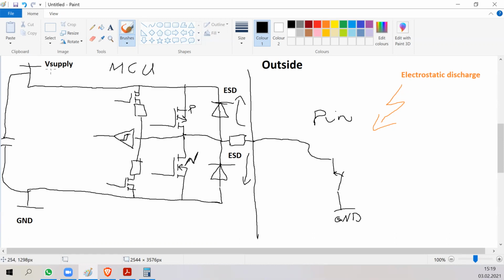There is some current that flows from supply through the pull-up resistor to the ground, but the current is very small. The input buffer sees that the pin is low, so it knows it's in a stable low level. When you release the button, this pin is released and the pull-up resistor pulls the value of the pin back up through this resistor.